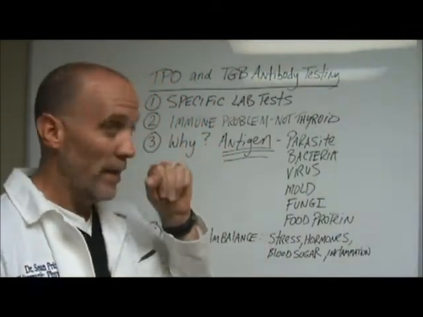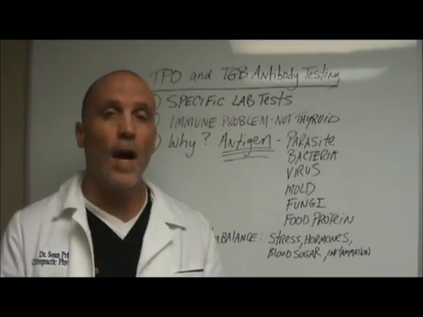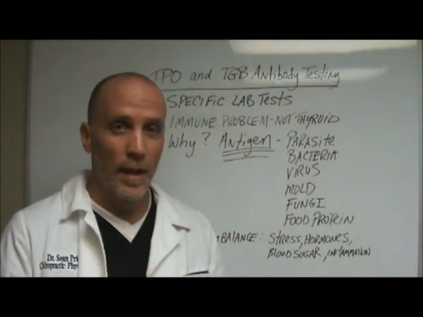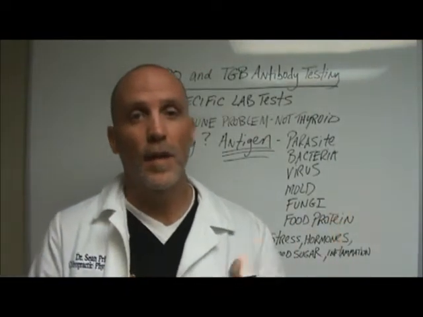Now, in the last video we talked about Hashimoto's autoimmune thyroiditis and how the autoimmune condition was the most common cause of people who are hypothyroid in the United States.